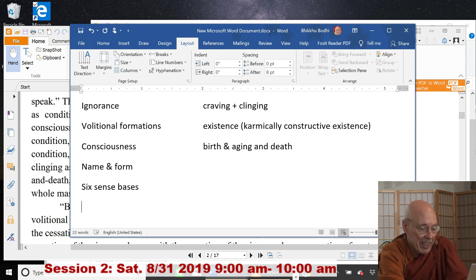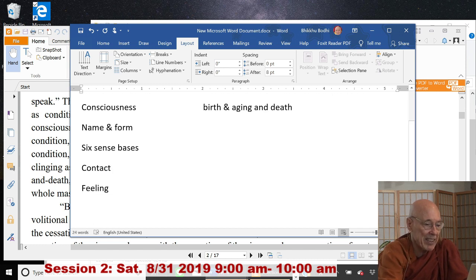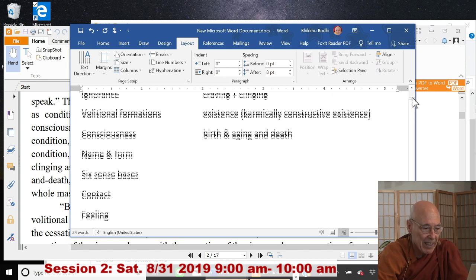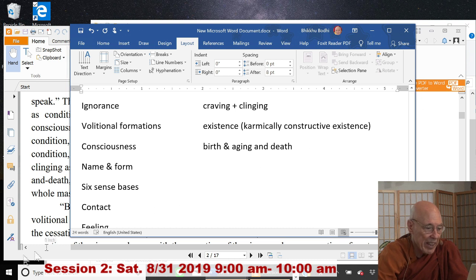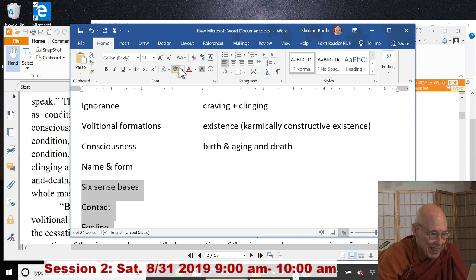And then through the 6 sense spaces, one makes contact with the world, the objects of the world. And from those objects, there arises feeling. And then from feeling, we come up to craving. And so we could just put these in suspension.